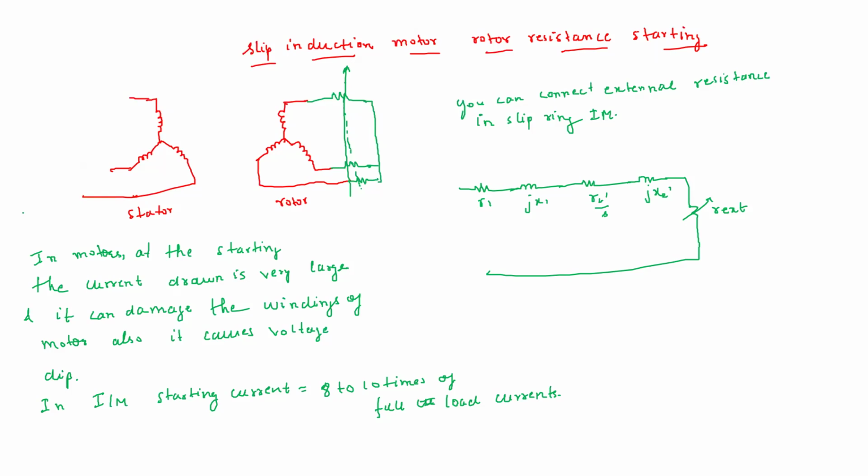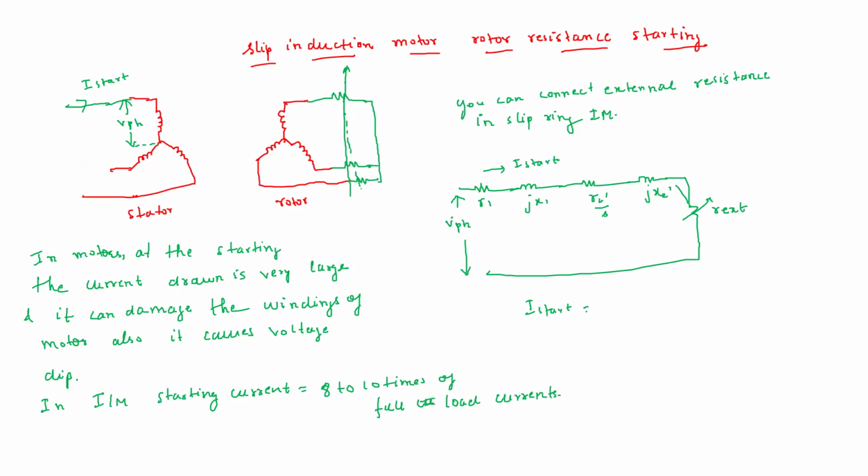For slip ring induction motor, one method is to connect the rotor resistance in the rotor side. So what will happen to the starting current? Let us say this is V phase. What will be the current drawn? Let us say current drawn is I start. In this per phase diagram also, this is V phase, and this is I start.